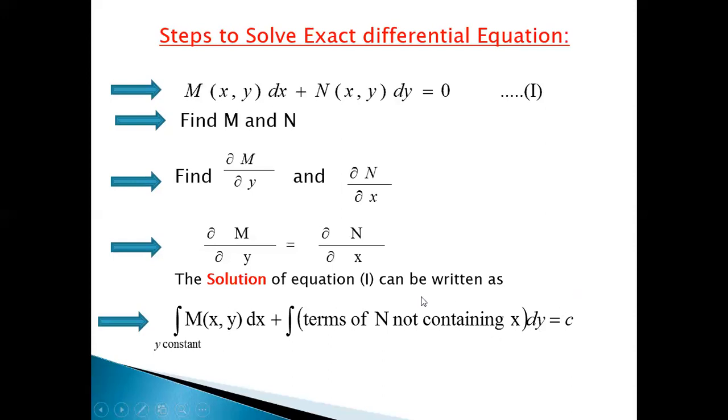We have to use this formula only when the given differential equation is exact.